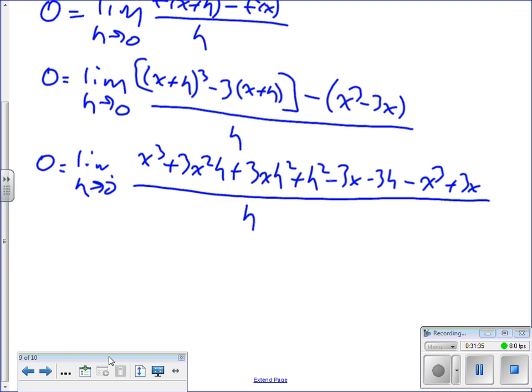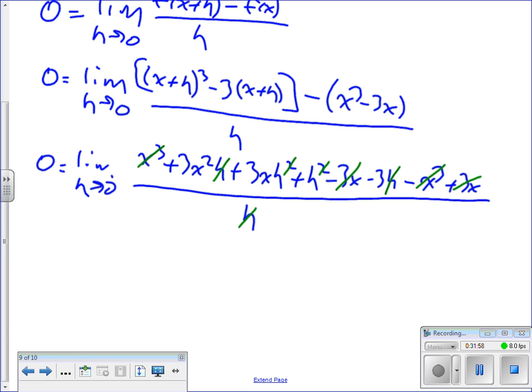Binomial expansion, distribute the negative 3, distribute the negative. X cubed, 3x, negative 3x. Let's see. H, there's one h, there's an h gone from there, an h gone from there, and an h gone from there. Nothing has not been reduced or canceled.